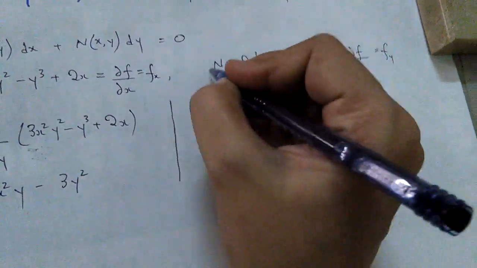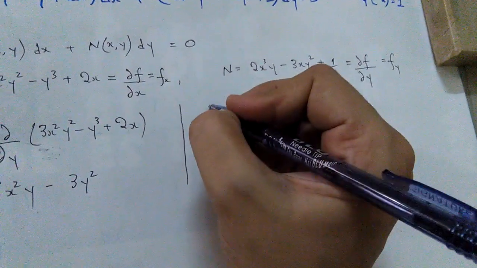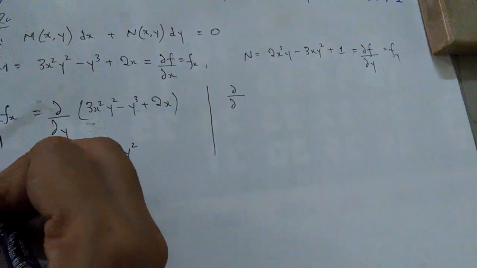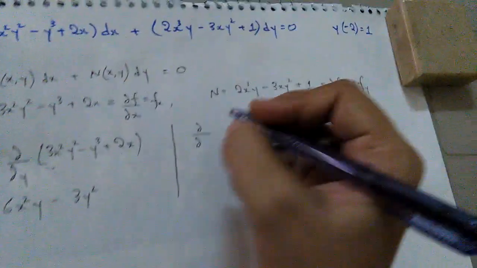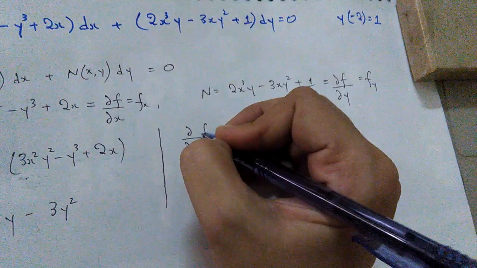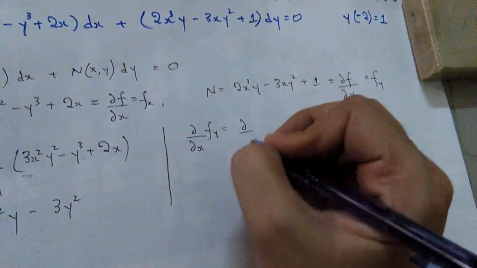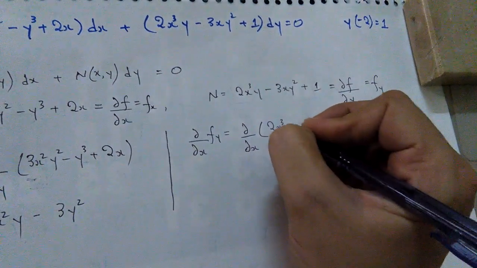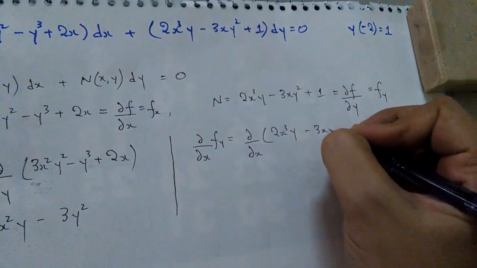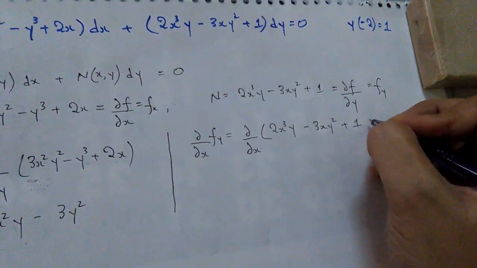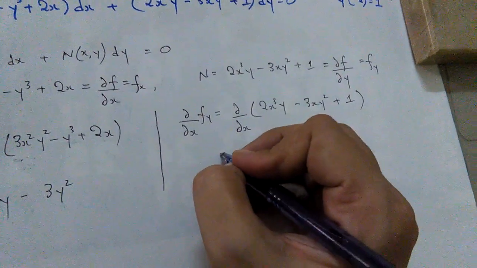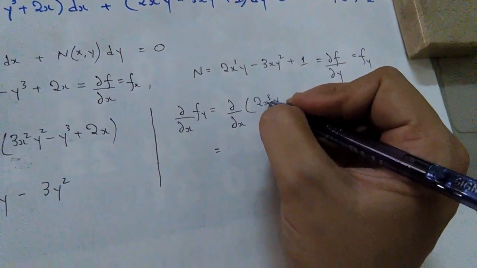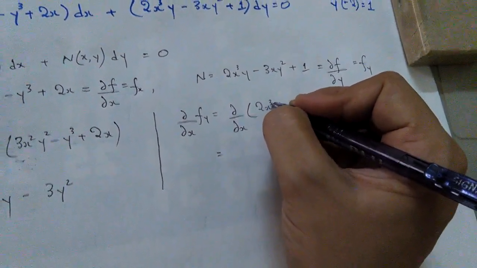Now I'm going to differentiate my fy with respect to x. This time y is going to behave as a constant, so 2y is constant, and we are going to differentiate just x cubed here. It gives me 3x squared.